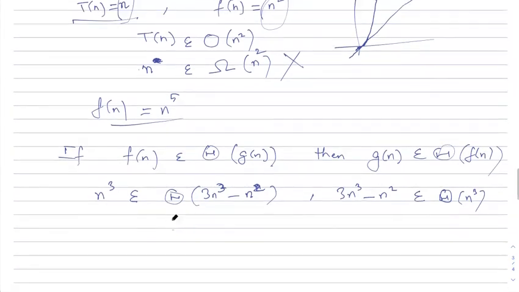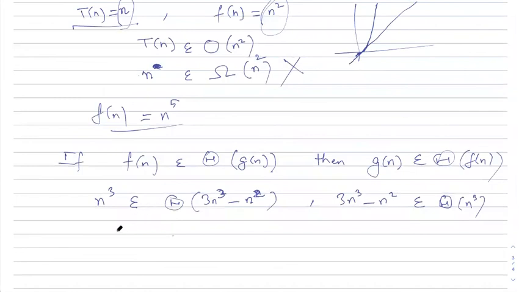Likewise, n cube is not an element of big theta of n. You can see why this is true, because, just like I explained, you cannot show n to be an upper bound for n cube. That just cannot be possible.